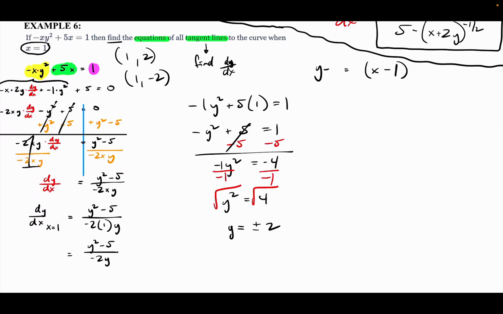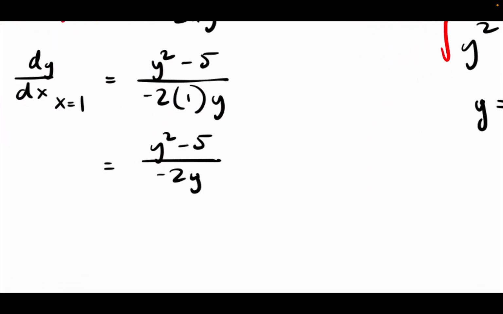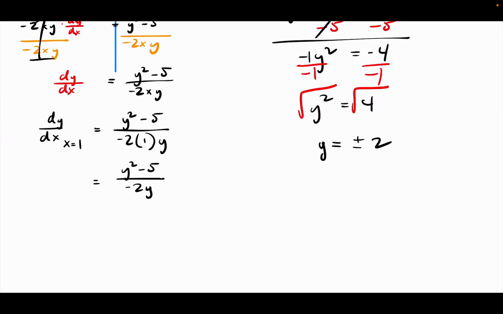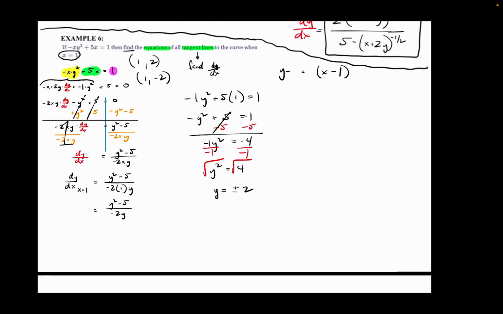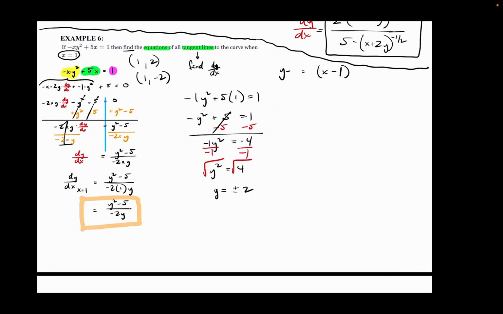We have to put those in. So we're going to have to plug in both to our derivative. We're going to plug in positive 2 into our derivative, which is down here, and negative 2 into our derivative for y. Remember at the beginning it said equations. That's why we have 2 equations, because we're going to get 2 derivatives.